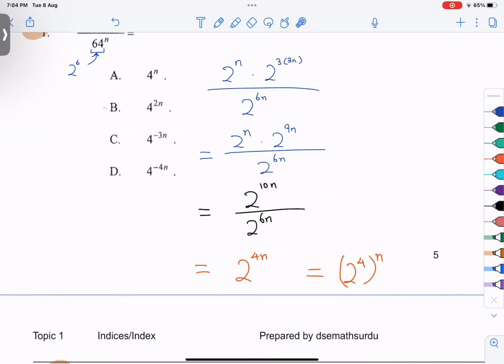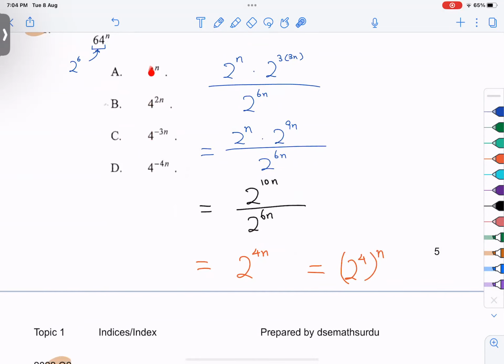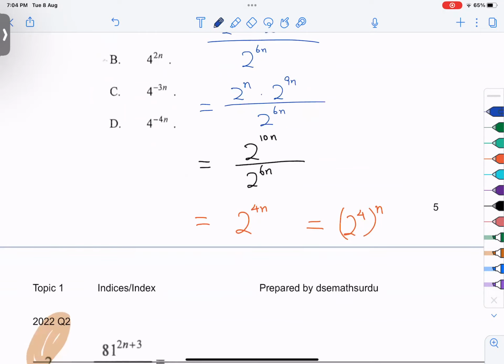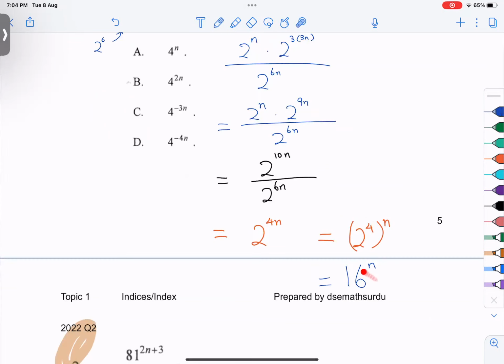The reason to separate is because I want to find the answer in this way, so I will have to know the values of the numbers here. 2 to the power of 4, what is it? 2 to the power of 4 is 16. Yes, so you have 16^n. That is your answer, 16^n.